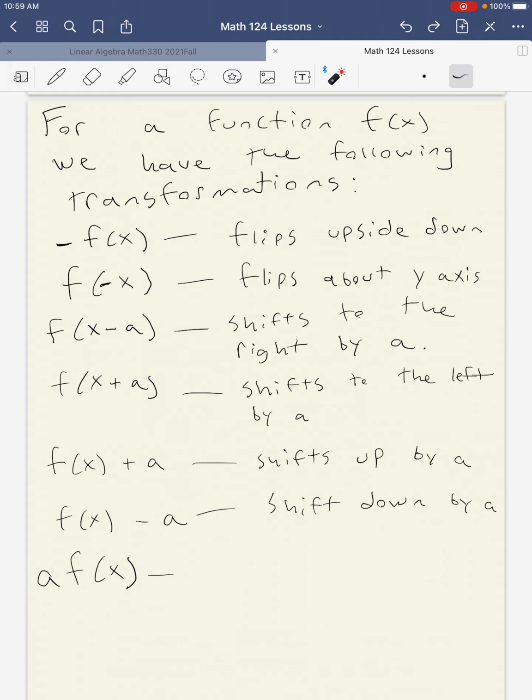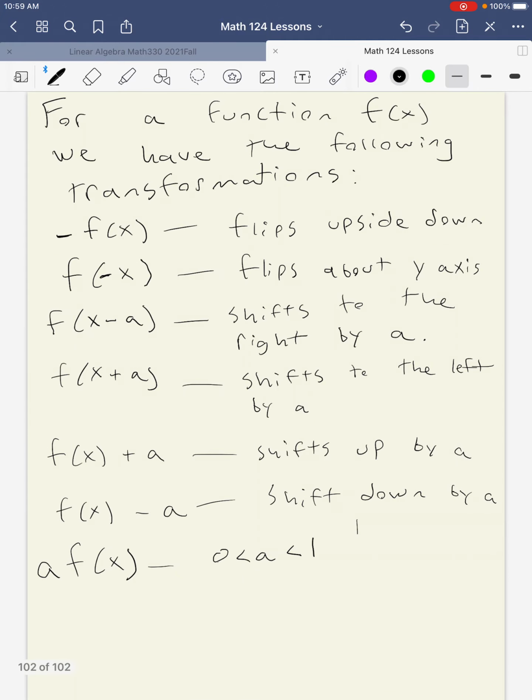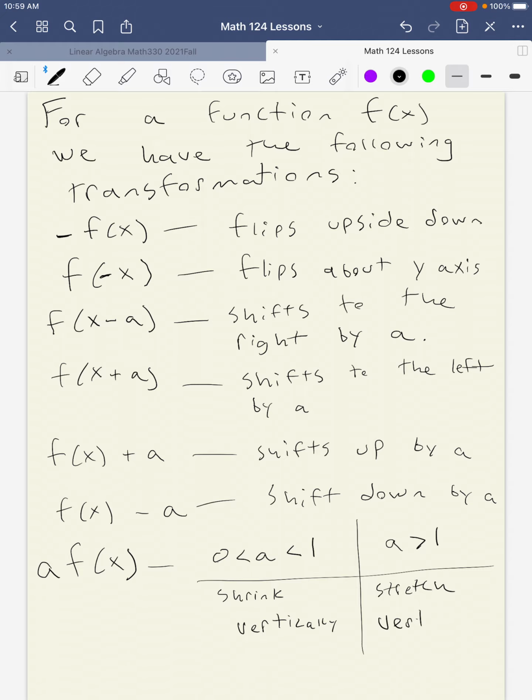So let's take the two cases when a is still positive, but it's less than 1, and when a is greater than 1. When a is smaller than 1, this will shrink vertically. When a is bigger than 1, we'll stretch the graph in the vertical direction.